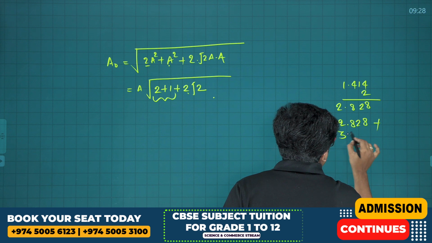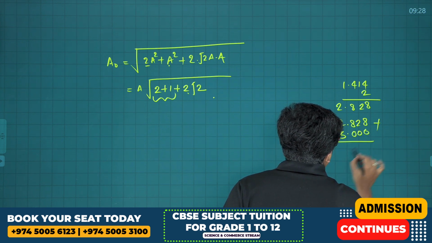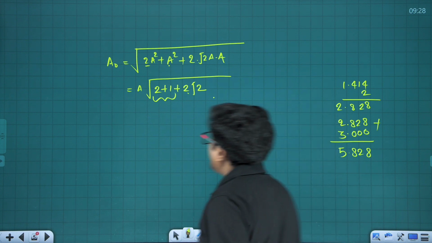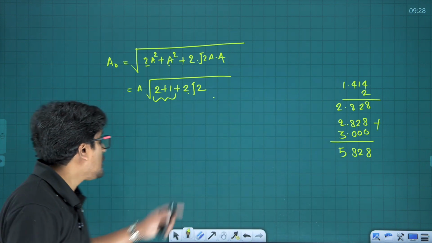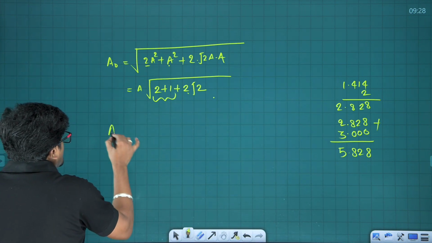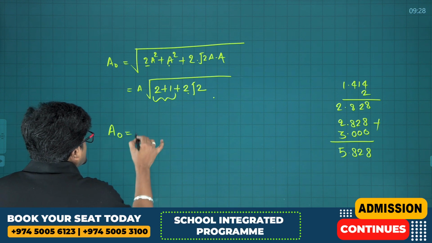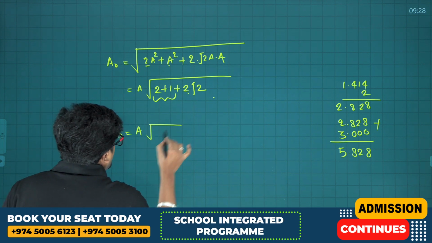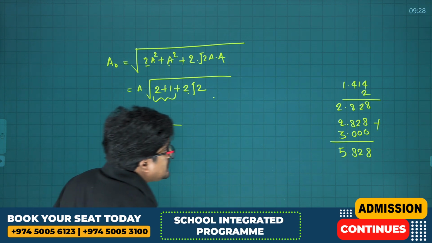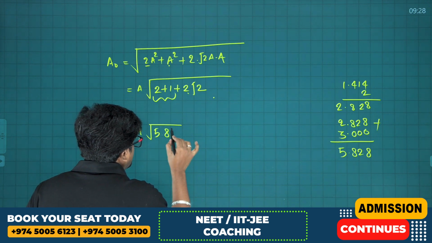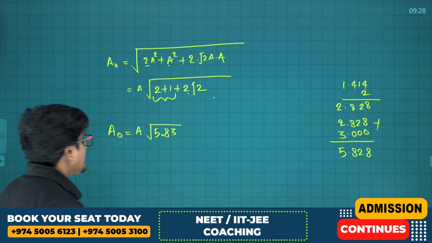So here this is going to be 5.828. So the resultant amplitude A naught is coming as A into root of 5.83.